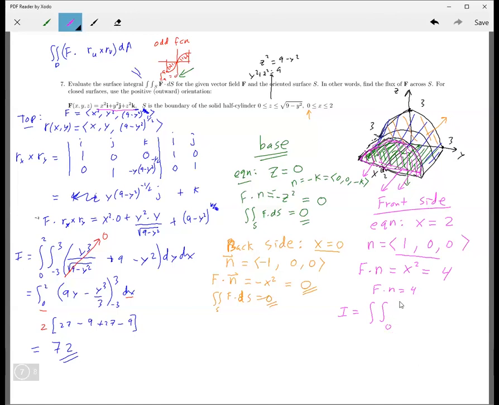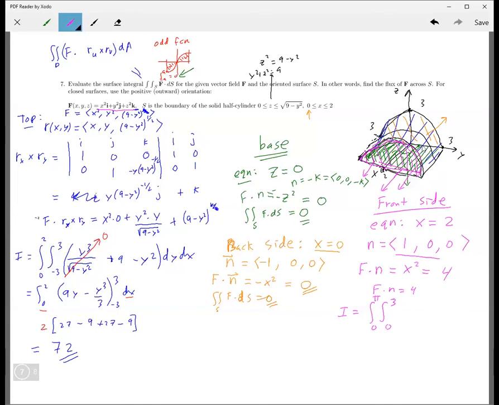So r is going to go from 0 to 3, and theta is going to go from 0 to pi. Like here's 0, here's pi over 2, and here's pi.